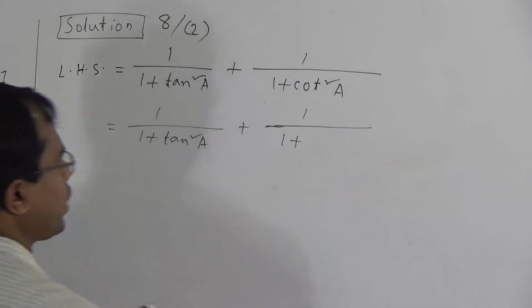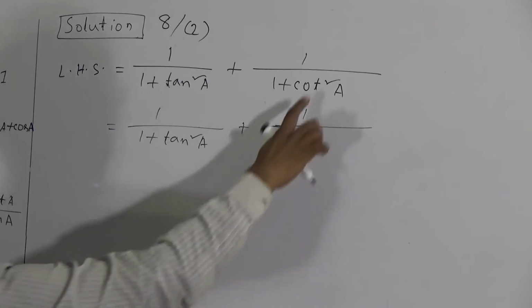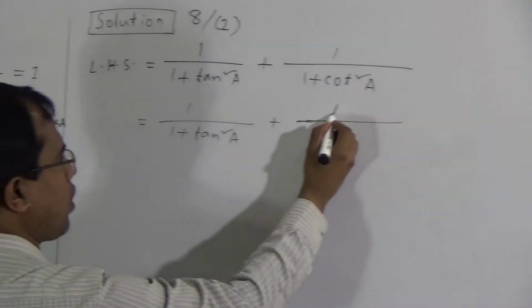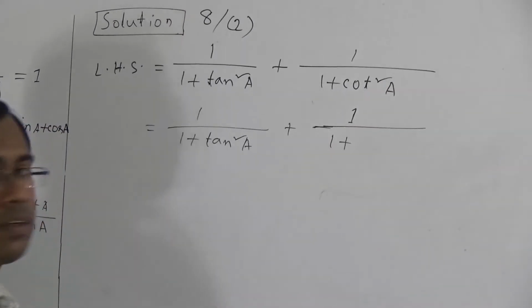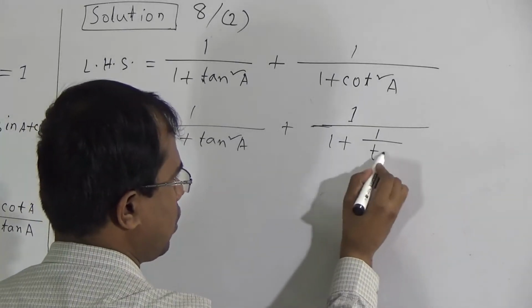Dear students, you know that the opposite ratio of cot is tan. So instead of cot square a, we can write 1 by tan square a.